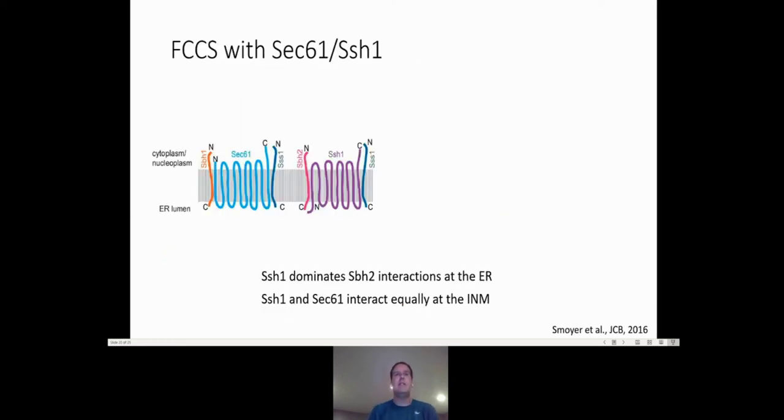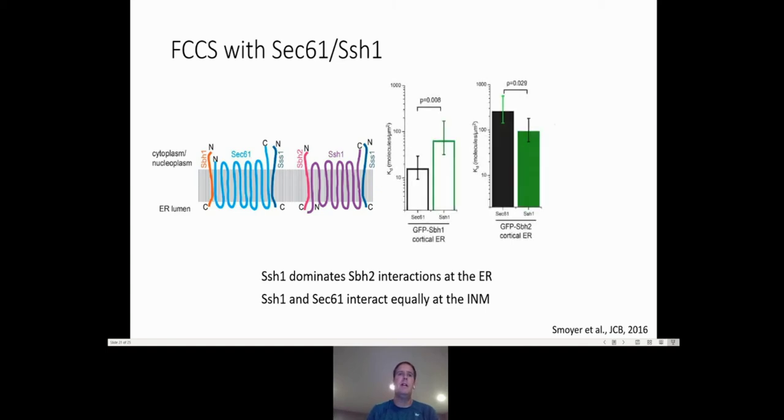Okay, so getting back to our Sec61 SSH1 complex, we started by looking at the cortical ER, where we expect these to be behaving in their canonical state. And as expected, Sec61 has a high affinity, a low KD, for SBH1 at the cortical ER.